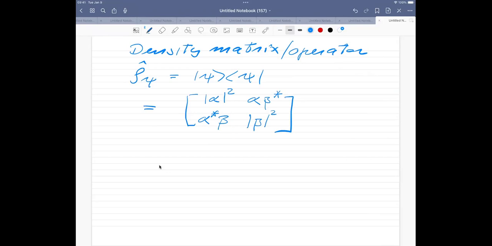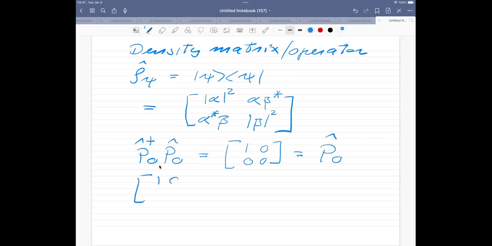Now, one thing which I know then, and which we saw from previous calculation, is that P0 hermitian conjugate times P0 is actually equal to the matrix 1 0 0 0. And this is an idempotent operator, as we discussed. So if I multiply this matrix with my density matrix, or density operator, I have an alpha squared, alpha times beta, complex alpha, beta squared.